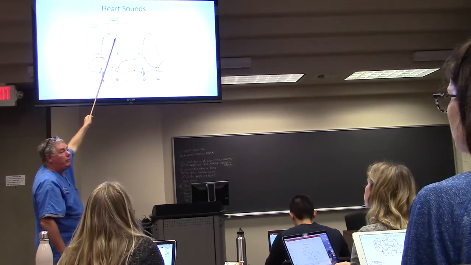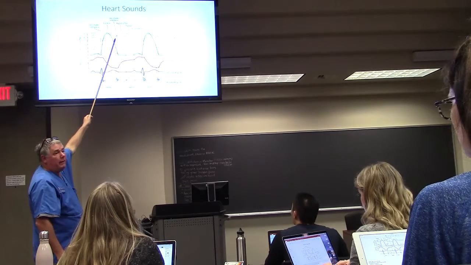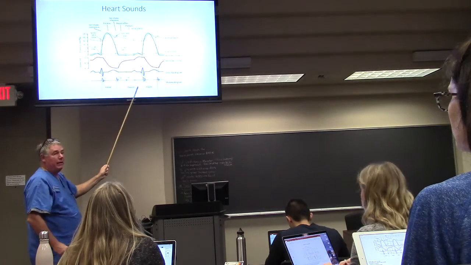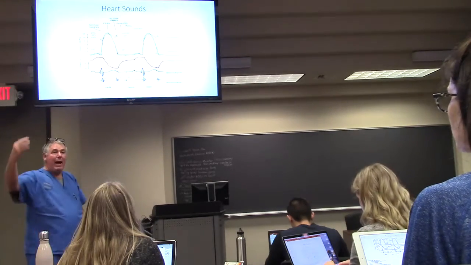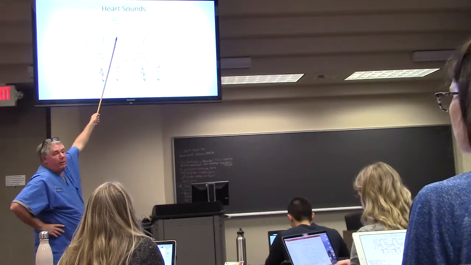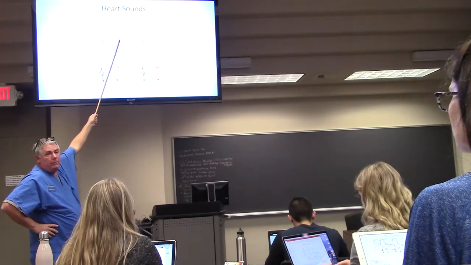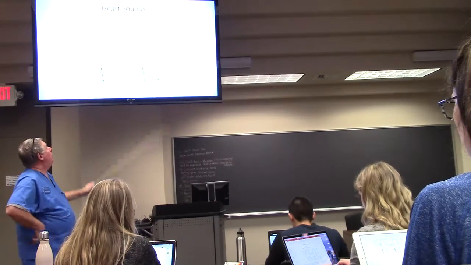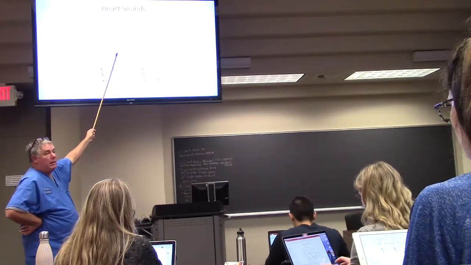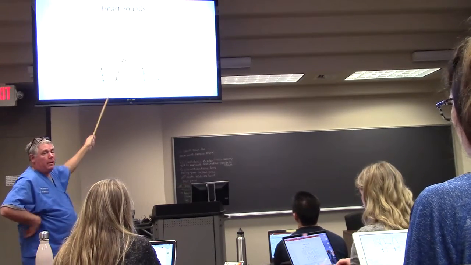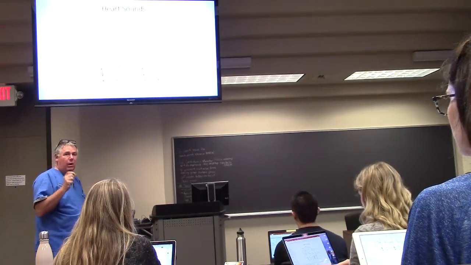It's the decline right here in the aortic pressure as you now enter diastole that causes the backflow of pressure in the aorta, and the aortic valve closes. Then you have atrial systole, which is going to open the AV valves.